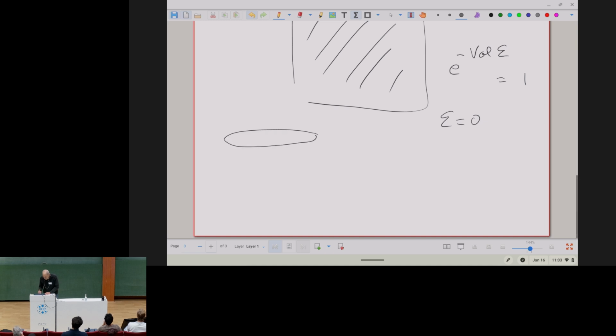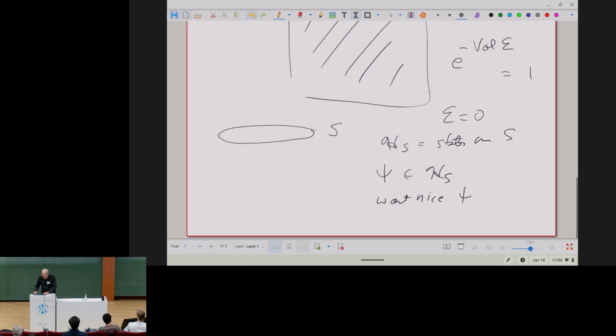If you have any manifold S, then there's a Hilbert space of states on S. And a lot of times, you want to construct a nice state in this Hilbert space.